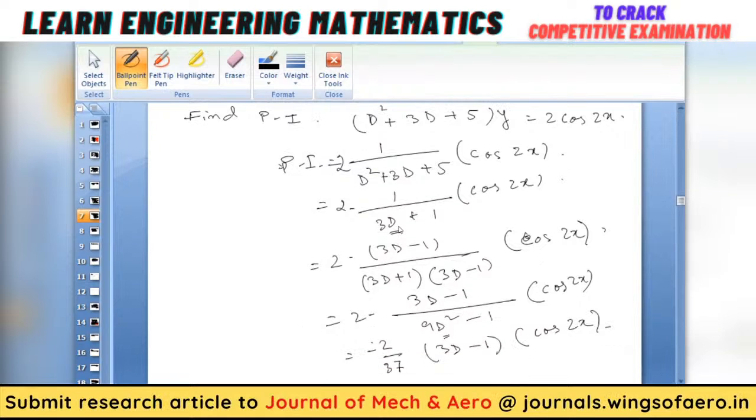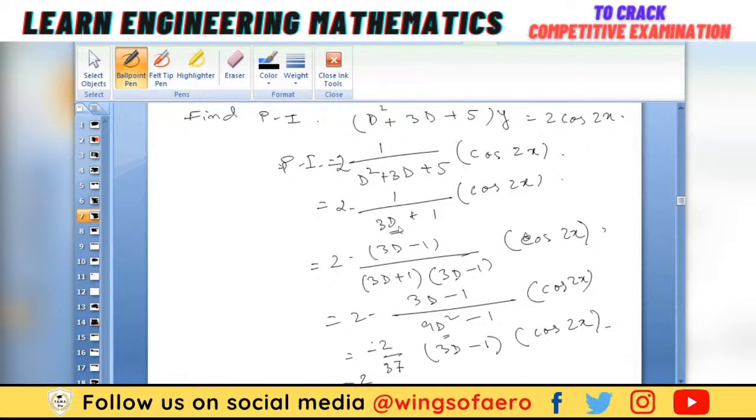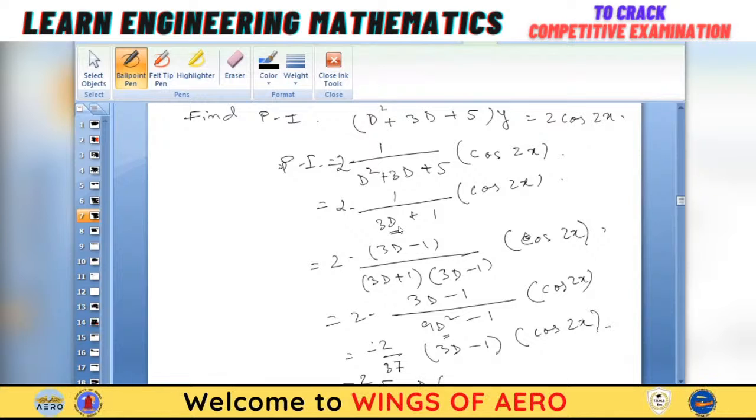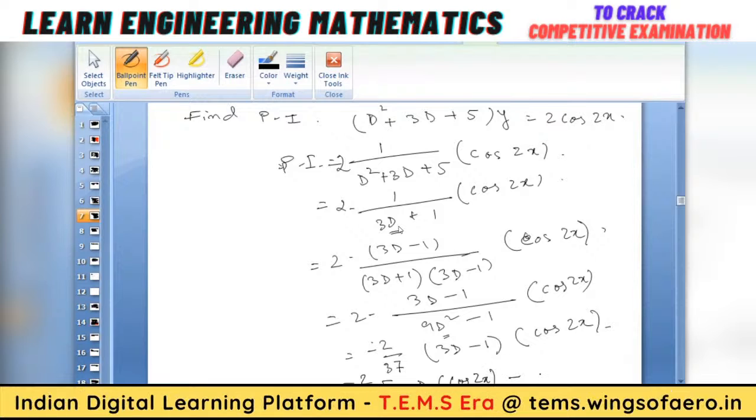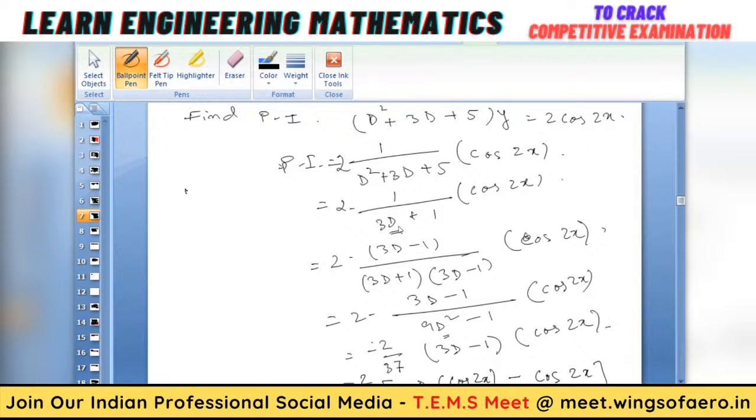in the next step, just simply multiply minus 2 by 37 with this: 3D of cos 2x minus cos 2x. Can you tell me D of cos 2x is equal to what?